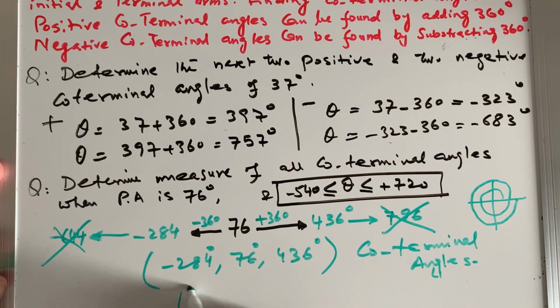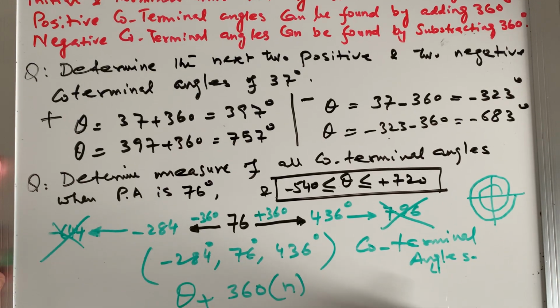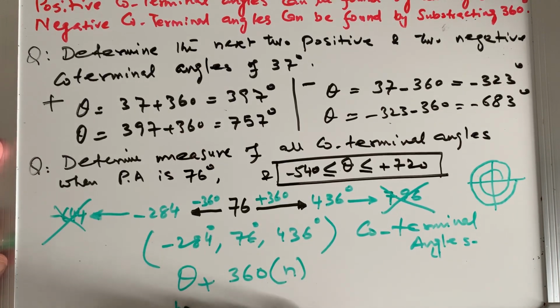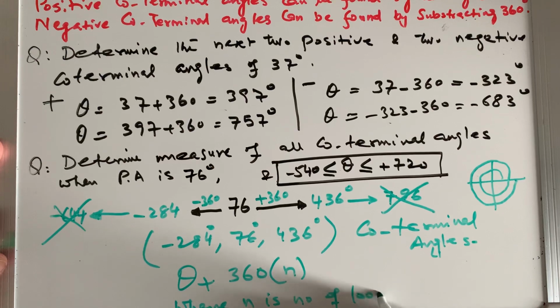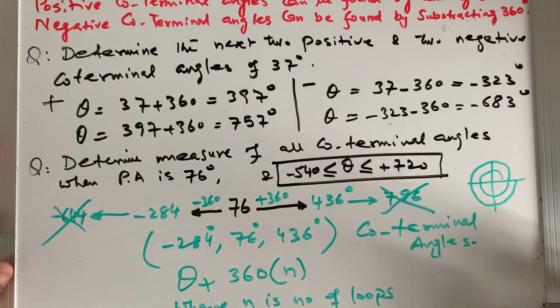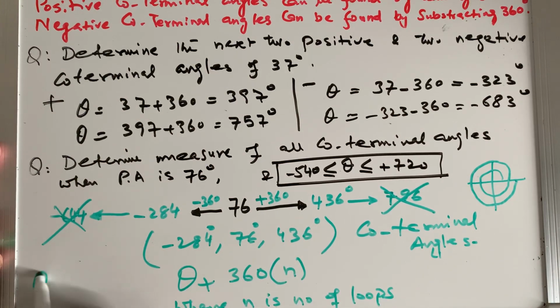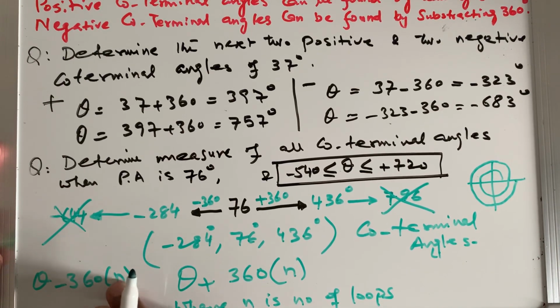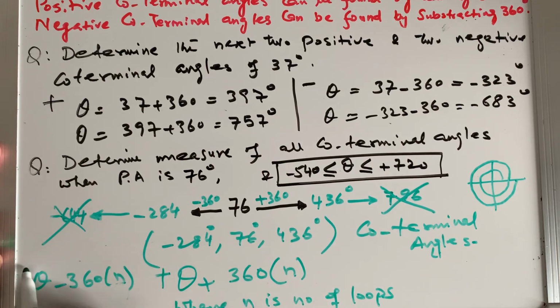So it is theta plus 360 times n, where n is the number of loops. So for positive angles, we have theta plus 360 times n, and for negative angles, we have theta minus 360 times n, right?